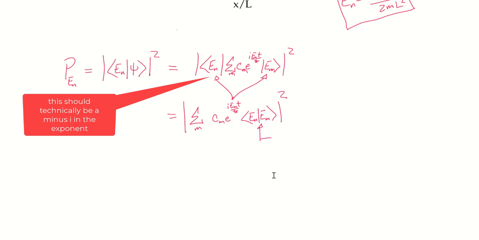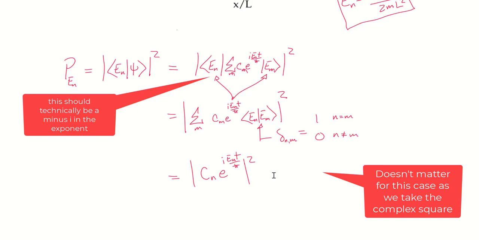This term is our Kronecker delta, delta nm, which is equal to 1 for n equal to m, and 0 for n not equal to m. So this whole thing ends up simplifying to just Cn e to the i En t over h bar, all squared. When we do this complex squaring, we multiply by the complex conjugate. This ends up being just that amplitude Cn squared.